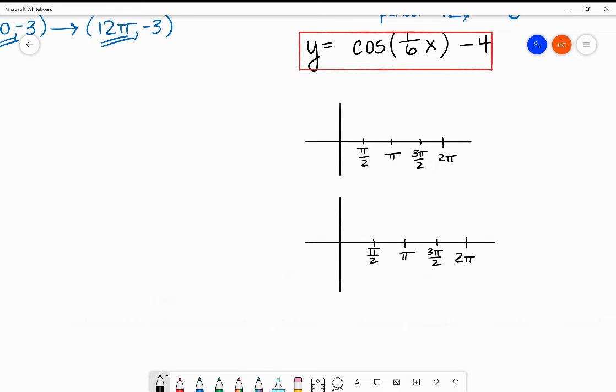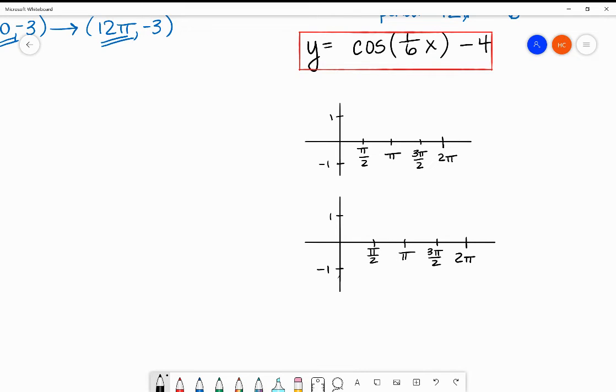Then I want you to put a positive 1 up here and a negative 1 here, and then a positive 1 here and a negative 1 about right here.